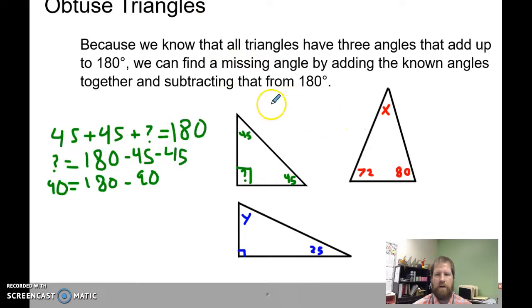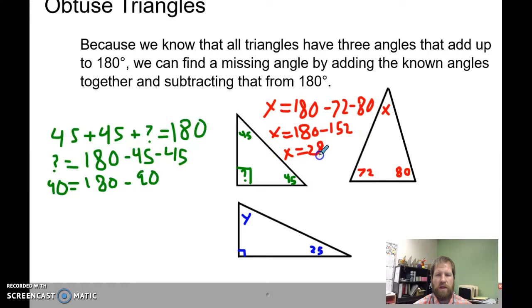If you want to start with your steps as x equals 180 minus 72 minus 80, that's fine. Or x equals 180 minus 72 and 80 is going to be a negative 152. 180 minus 152 should be x equals 28.